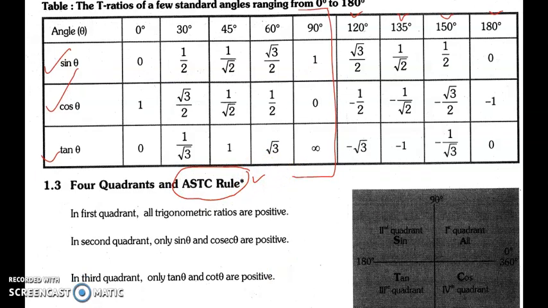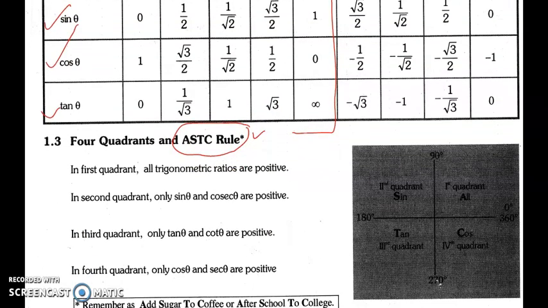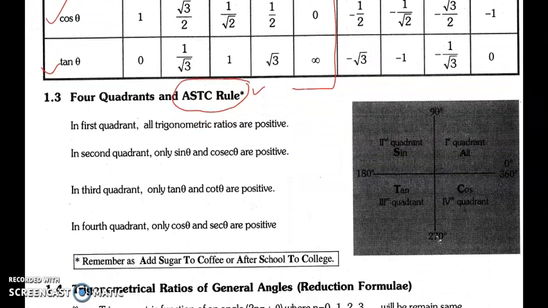What is this ASTC rule? The ASTC rule is to be remembered in this form: add sugar to coffee. ASTC, add sugar to coffee, or after school to college. Now, since we know that there are 4 quadrants, this is the first quadrant, this is the second quadrant, third quadrant and fourth quadrant.